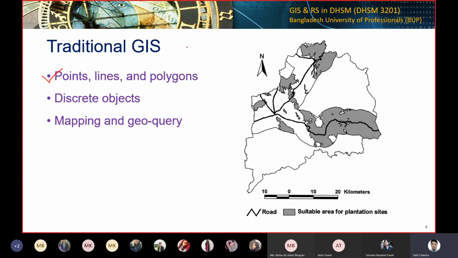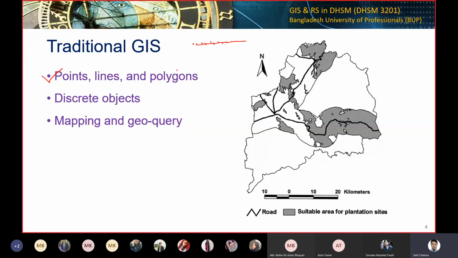In geometry we have also studied that all lines are made of multiple points. If I have connecting points, then finally I have lines. And polygons are nothing but a combination of multiple lines, or a line that closes at its starting point, so it creates a polygon. So the basic primitive is the point.